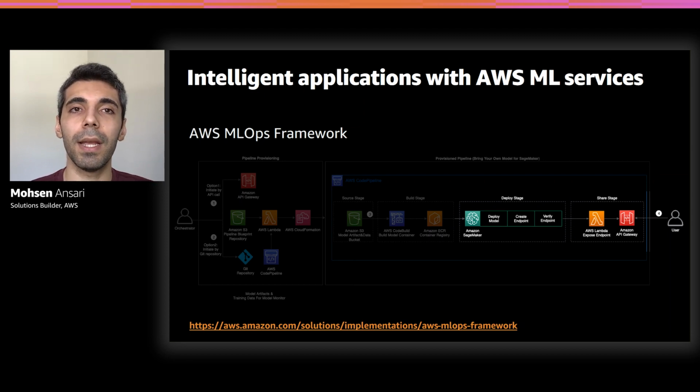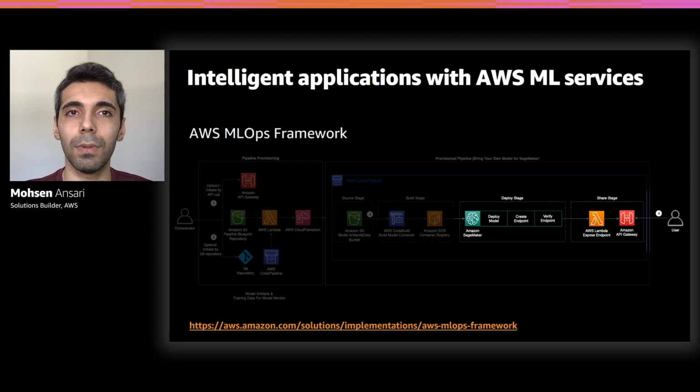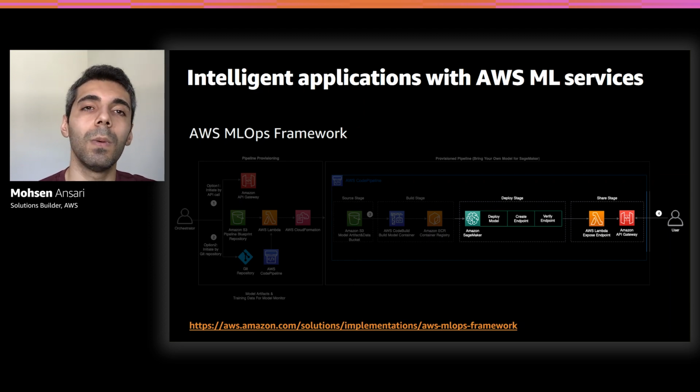So if a user wants to access the SageMaker endpoint that we created, it needs to call API Gateway, and then API Gateway will reroute the request to an AWS Lambda, and then the Lambda will call the SageMaker endpoint, get the response back, and pass it to API Gateway, and then API Gateway will send it back to the user.